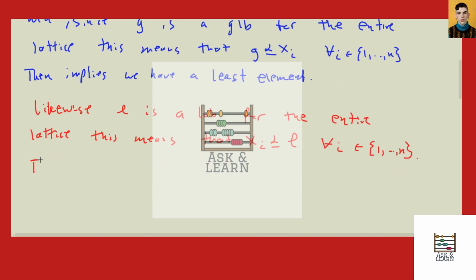And this implies that we have a greatest element. So that would be our proof for this. So now that you're done with it, you can put your little proof box and a smiley face because you're glad you're done with the proof.